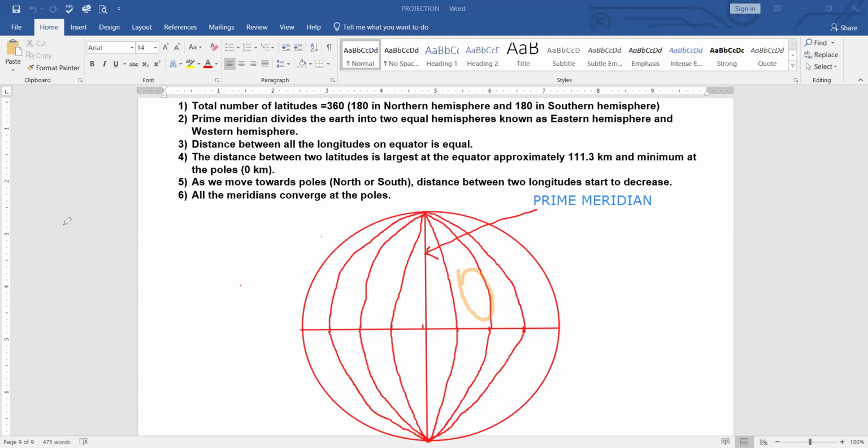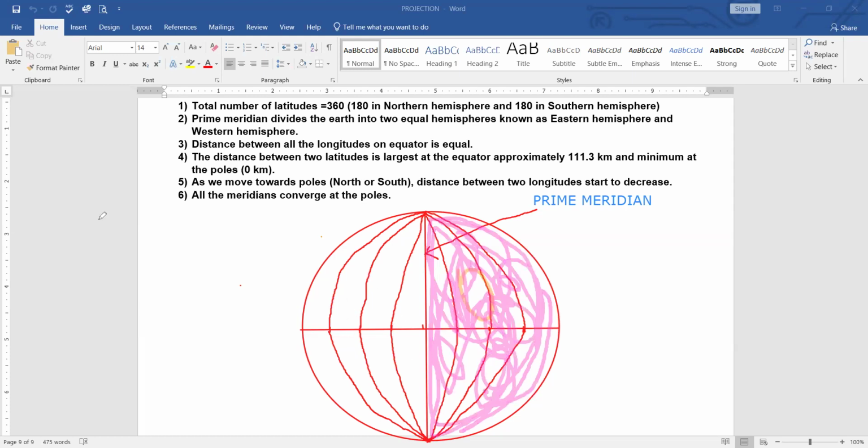This whole side is indicating our eastern hemisphere, we can shade it. Why? Because on the right side we have our east. This whole is our eastern hemisphere, and this side is the western hemisphere.